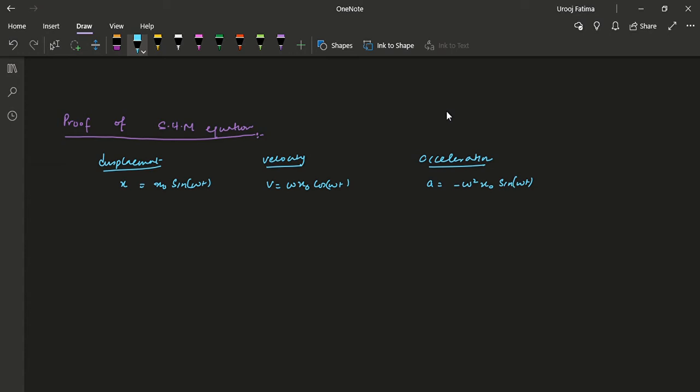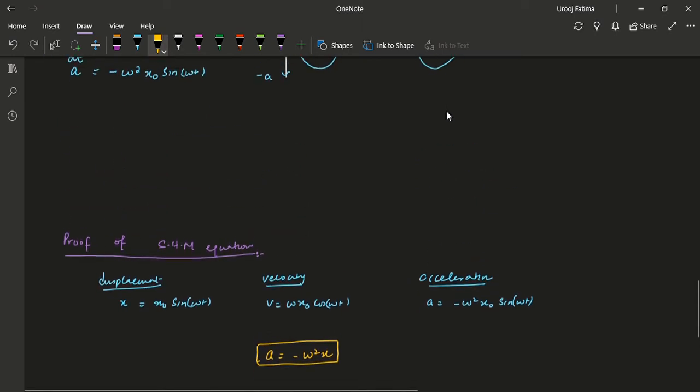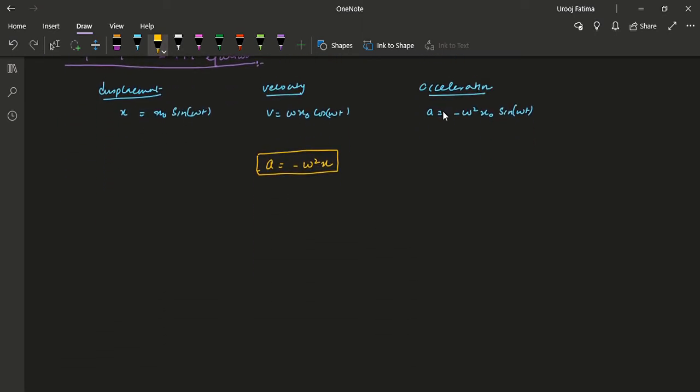Now, to prove the S.H.M equation, which is essentially given to us as a equals minus omega square x, if this exists truly, you might see that this equation and this equation have some similarities.